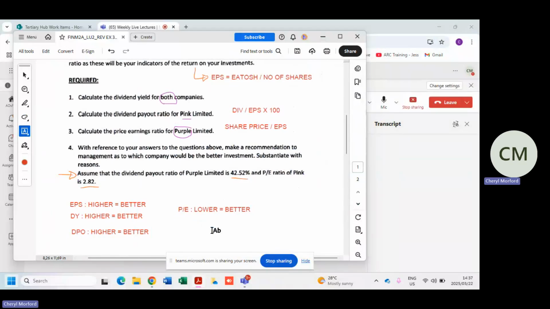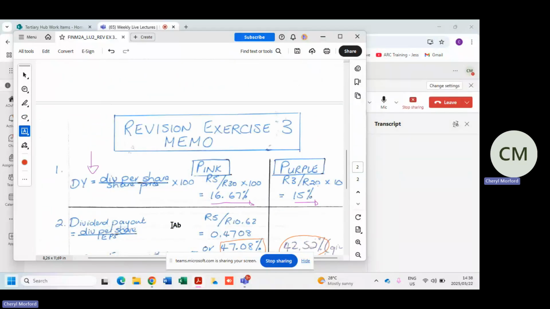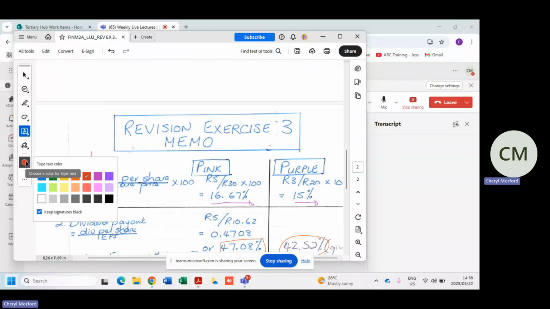So on the basis of that, we're going to look at our table and we're going to see which is the better of the 2 companies, whether it's pink or purple. So I'm just going to select another color that we can see here. Let's go green. So on the basis of dividend yield, we are going to see what?